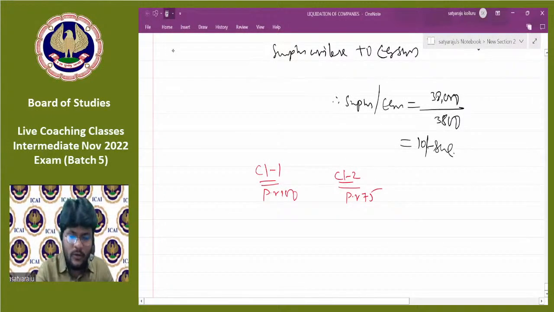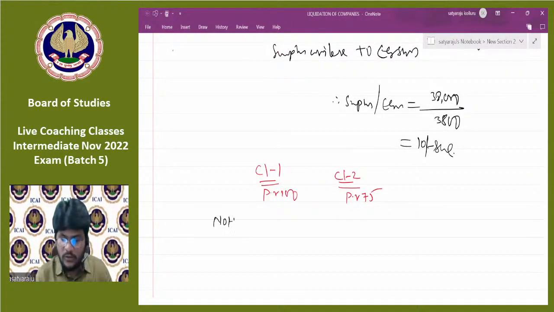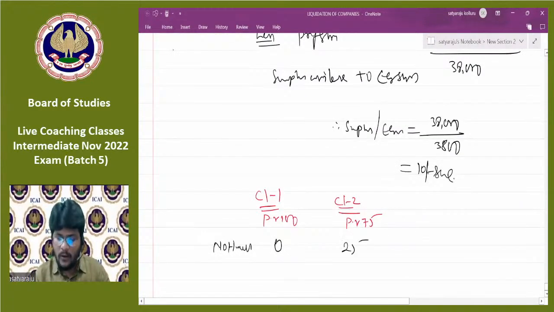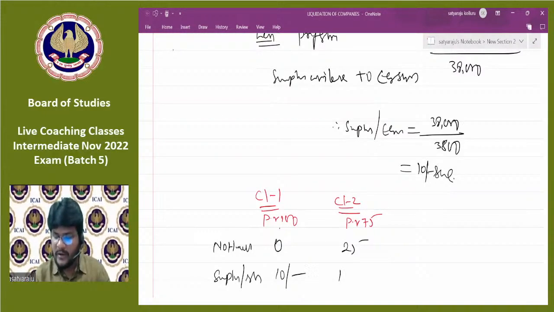Now what I told, notional call: for class 1 it is 0. I am only asking the notional call from class 2, so for class 2 the notional call I made is 25 rupees. Now I am giving surplus of 10 rupees per share for class 1. For class 2 also I am giving 10 rupees per share, because this 3,800 is inclusive of both class 1 and class 2.